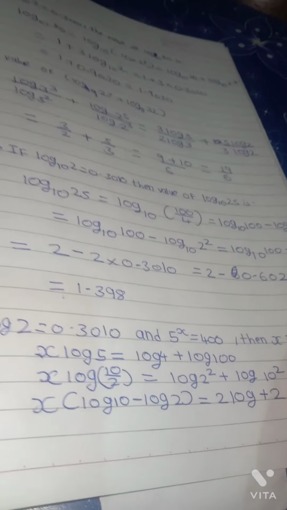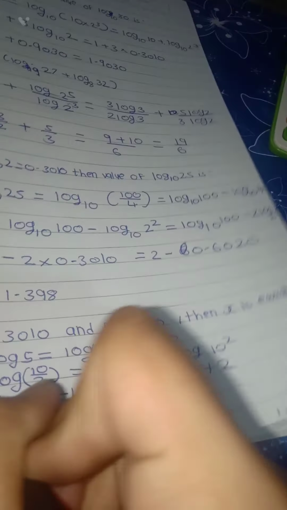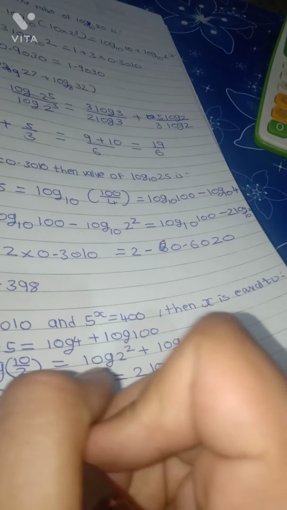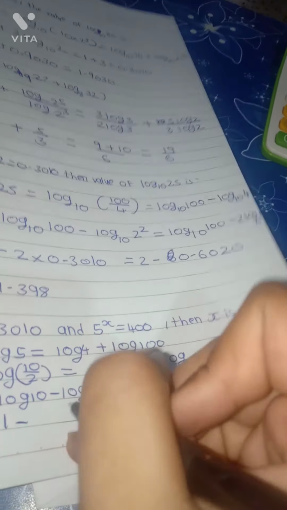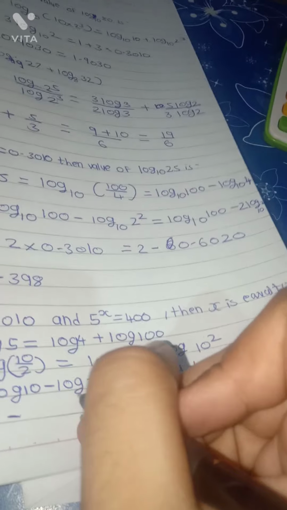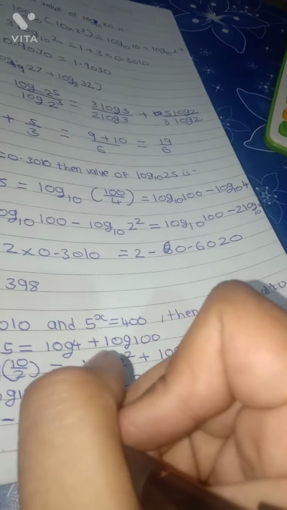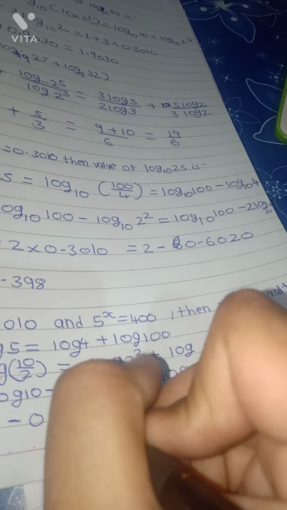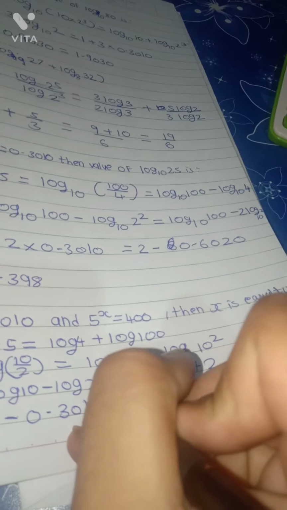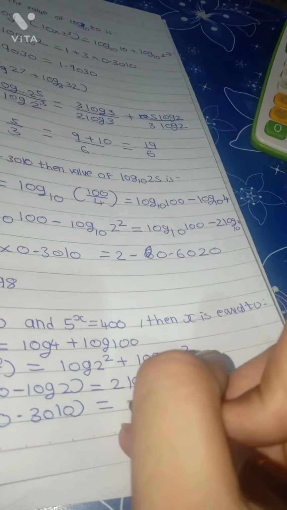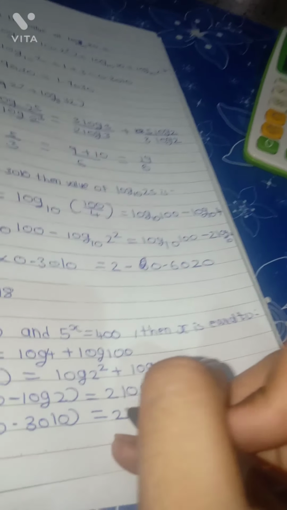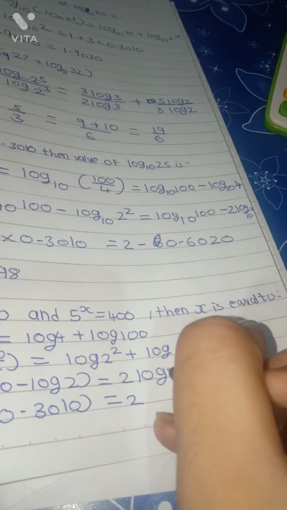So here log 10 will be equal to 1. So x into bracket 1 minus log 2, which is 0.3010, equal to 2 log 2 plus 2.